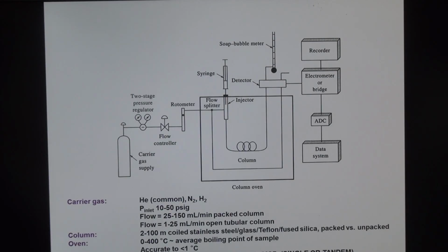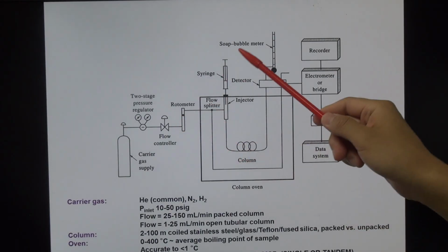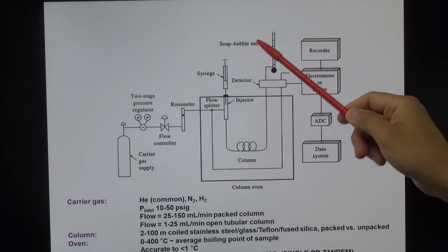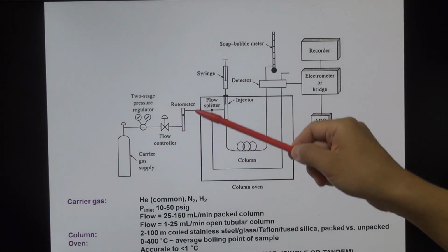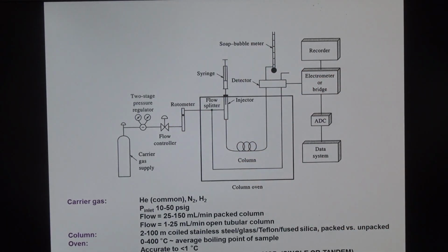So we need some tools which can control the flow rate, such as flow controller, rotometer, or soap bubble meter. Okay? We have column, which separates the mixture based on the different degree of retention or interaction between two different phases, right?